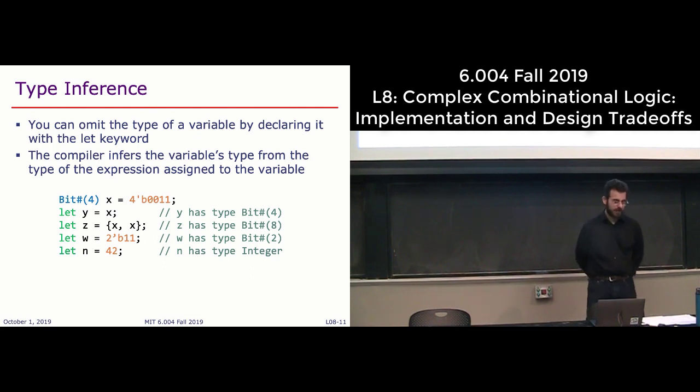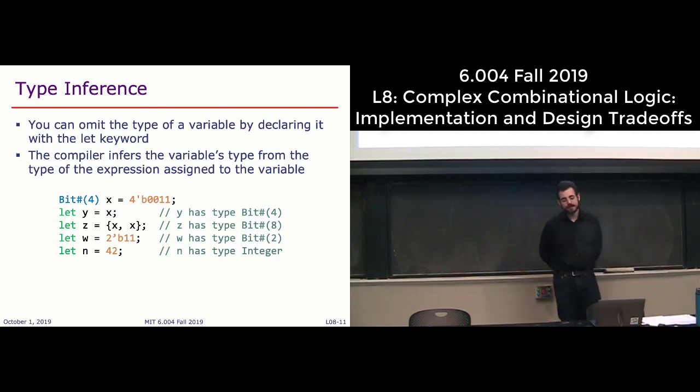we're going to spend a couple of slides talking about types because types are useful. The first thing is Minispec has type inference. So we've been writing the type of each variable explicitly. But if the compiler can deduce the type of the expression on the right-hand side, then you can just type let, and the compiler will deduce the type of the variable that you're declaring.